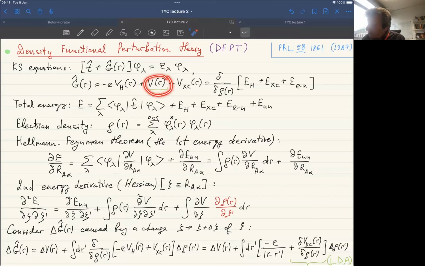It has a potential due to nuclei, and it has exchange correlation potential. And these orbitals here, these are Kohn-Sham orbitals, and these are Kohn-Sham energies. And the full electronic density is constructed from those Kohn-Sham orbitals by squaring them up and summing over all occupied states lambda.